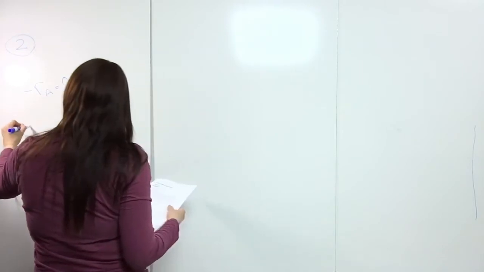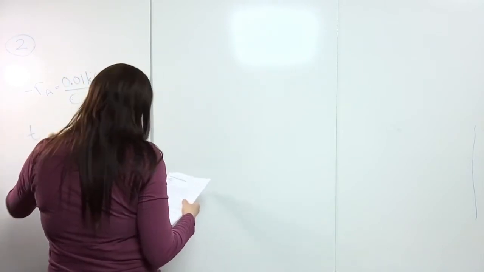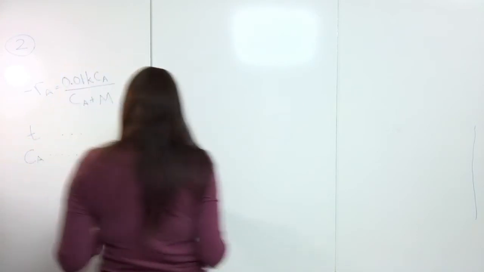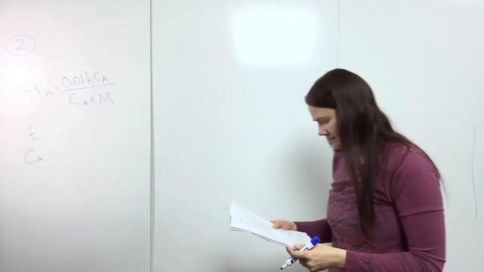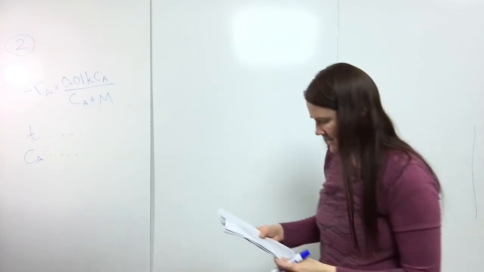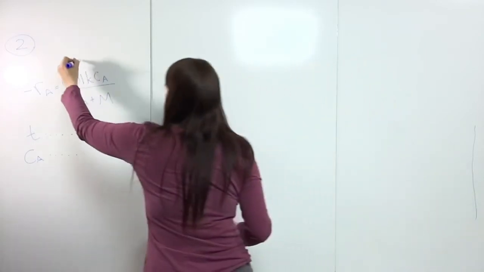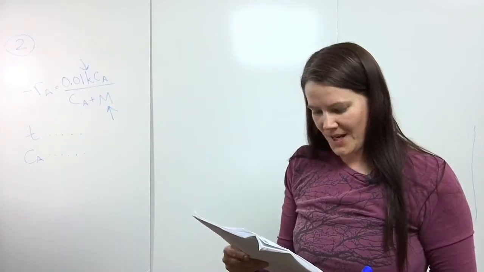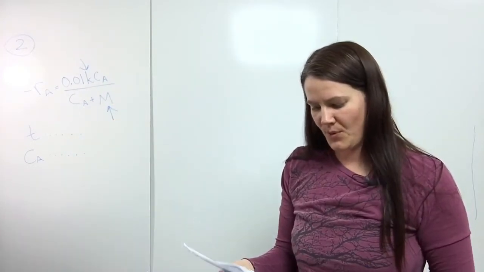And then you're given concentration per time. And it says find K and M, so we're looking for K using an integral method and by employing nonlinear parameter estimation.